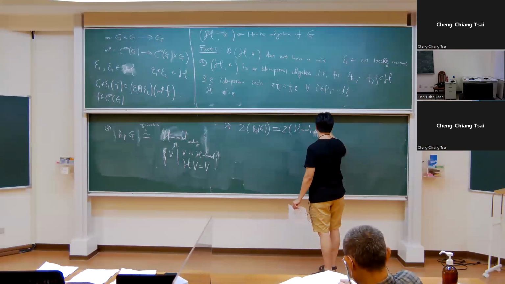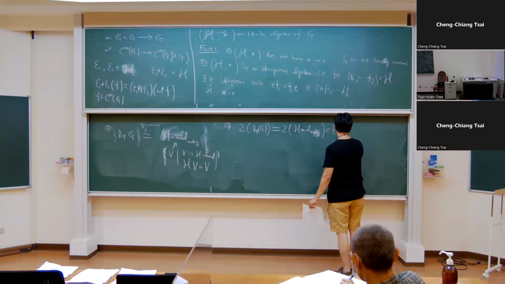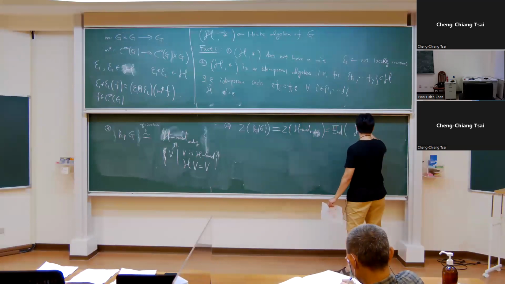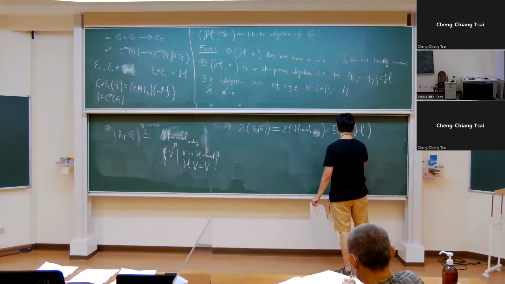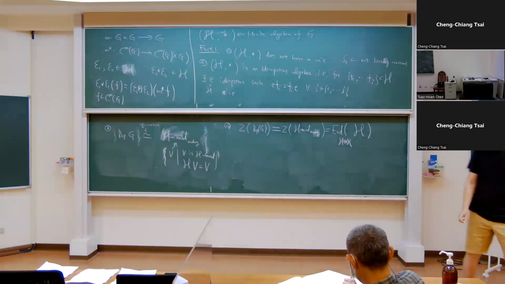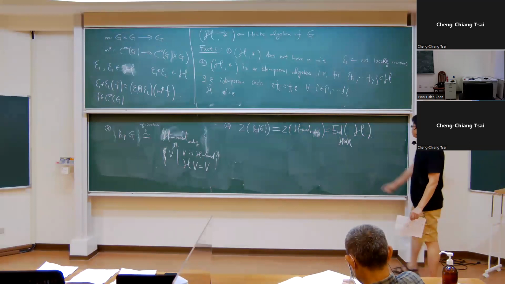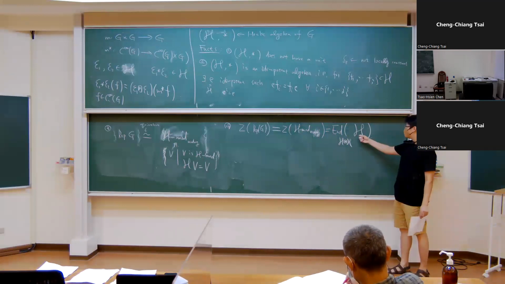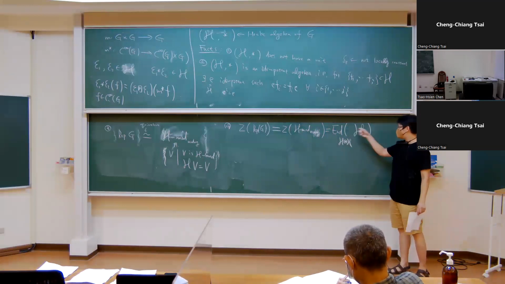And you can check this is the same as endomorphisms of H as an H tensor H module. So it's a map from H to H which is compatible with the left and the right actions.